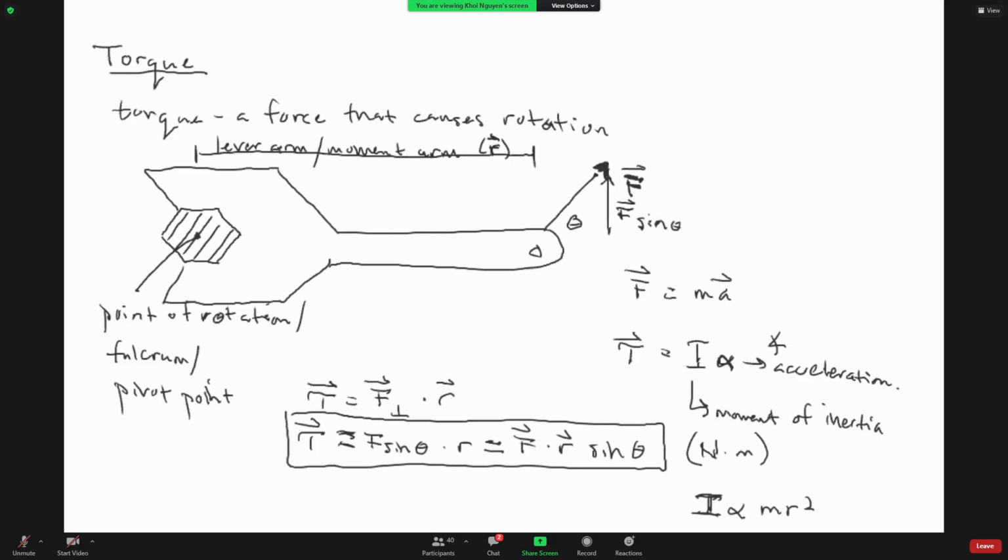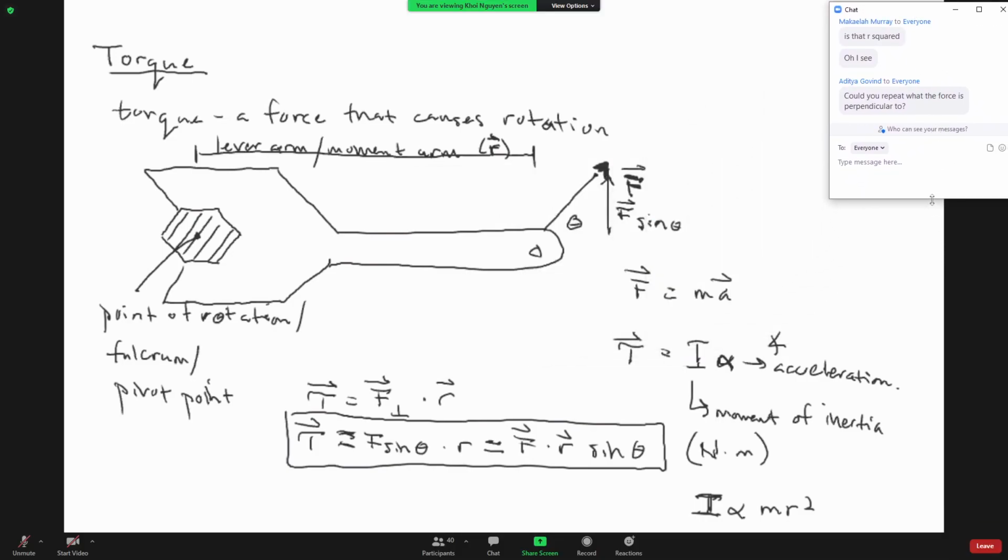But when we sum them all up, we set them equal to a moment of inertia for that system times your angular acceleration. So just like you set it up, like sum of the forces is equal to ma, we write sum of the torques is equal to I alpha. Does that make sense? Cool.